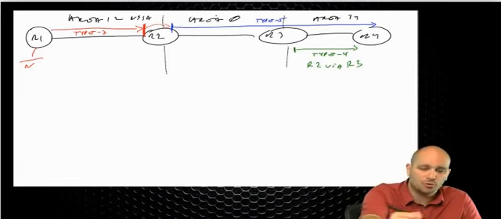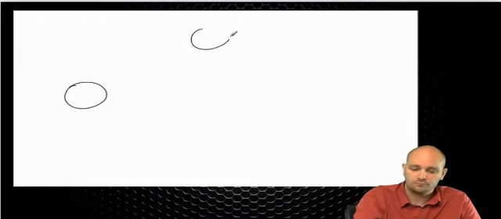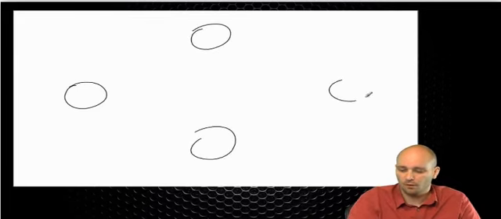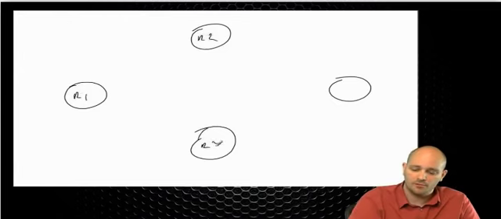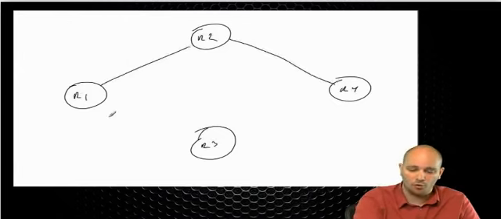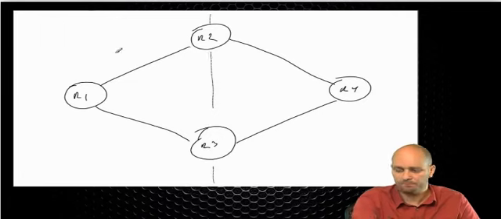And for that, I'm going to use again that other network that I had. So let's say that we have R1, R2, R3, and R4. These are the connections, and they're all equal cost. And this is the area border. So there is no connection between R2 and R3. This is just a border between them. Okay?